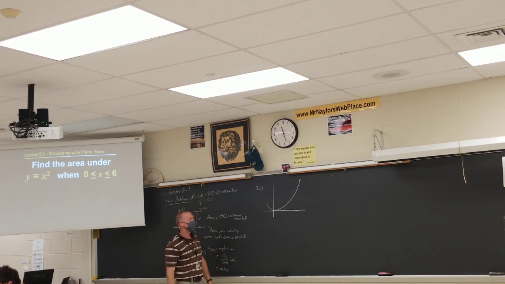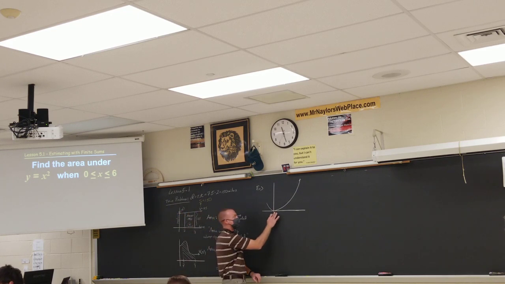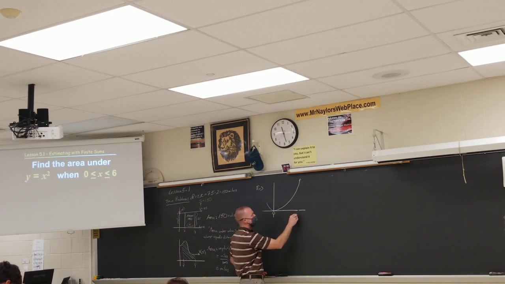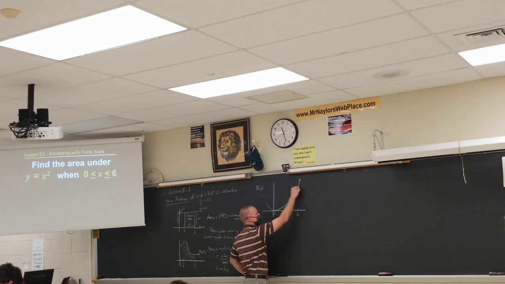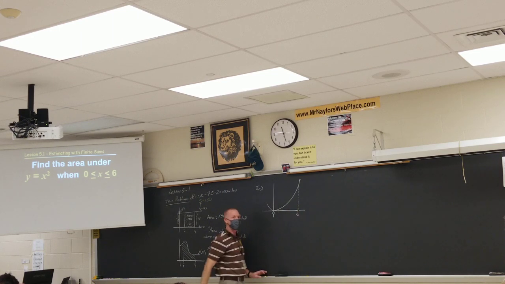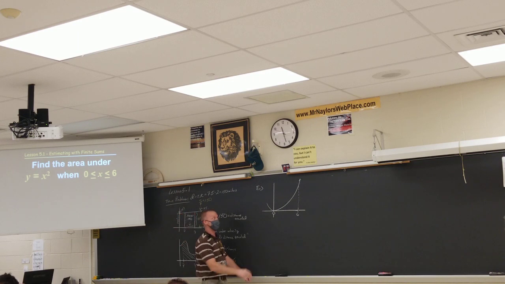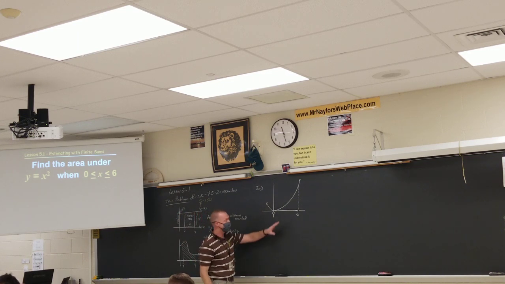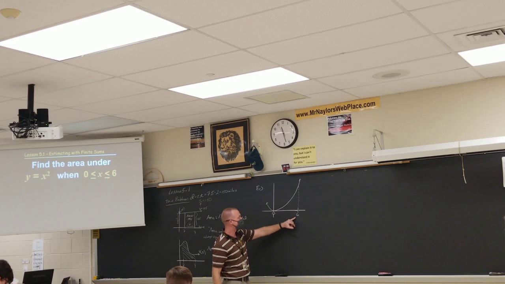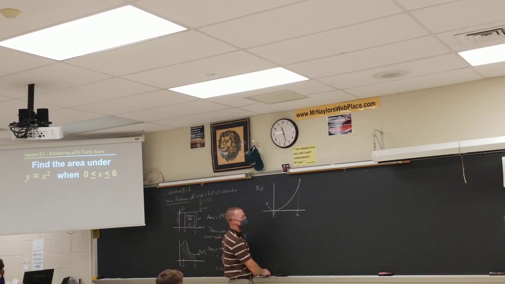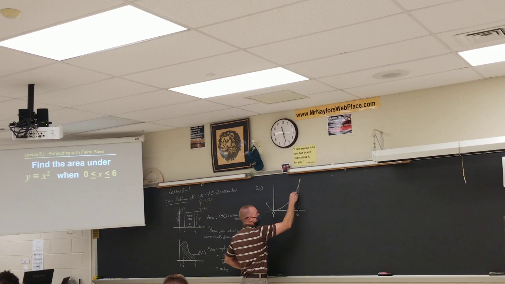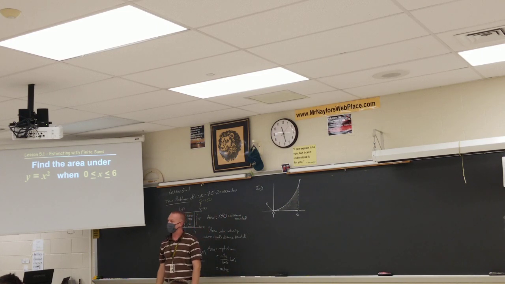So when we say the area from 0 to 6, we are talking about a region that actually has a boundary. You see how I used the x values, especially x equals 6, but I technically used both x values to create this boundary. And so we'll calculate that area.